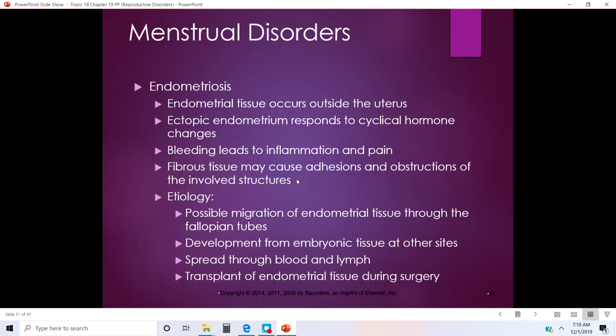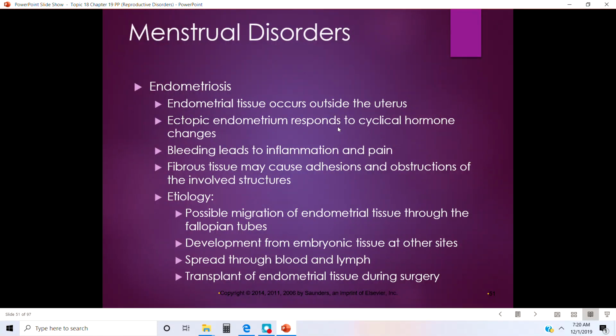Okay, let's take a look at the last condition for this lesson here, known as endometriosis. All right, so this is a condition where we have endometrial tissue that should normally be just inside the uterus, but here it occurs outside the uterus, right, in places that it shouldn't be.